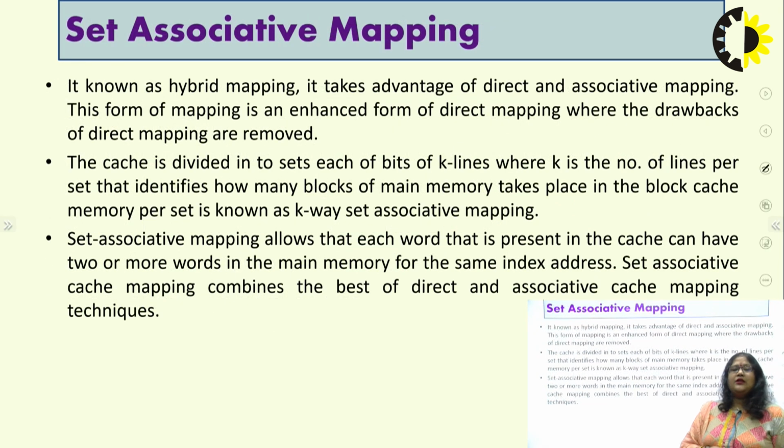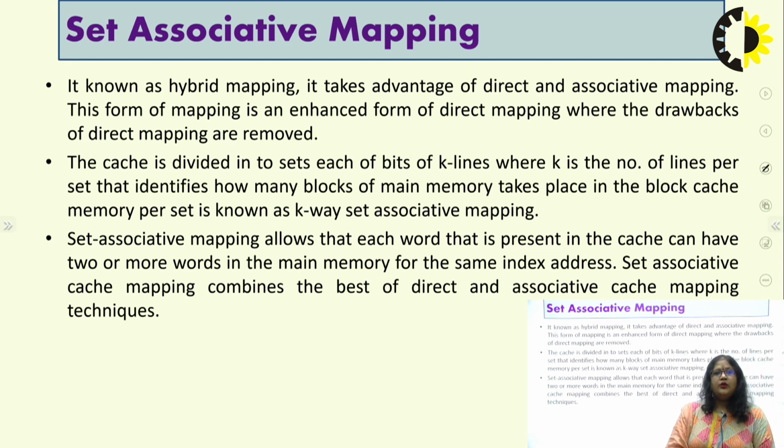Now set associative mapping is a combination of the advantage of direct and the advantage of associative mapping. We combine those advantages in a single technique known as hybrid mapping. This form of mapping is an enhanced form of direct mapping, because we want to remove all the drawbacks of direct mapping.